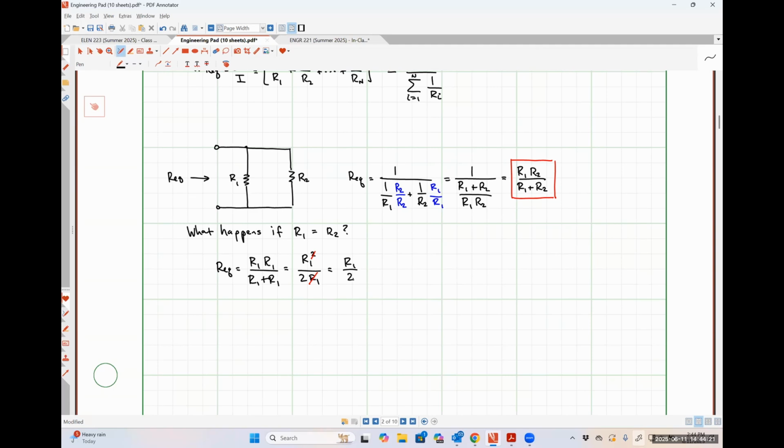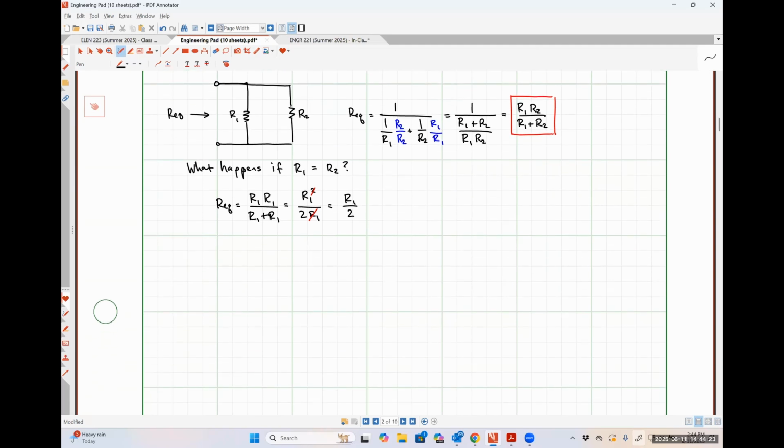Another special case that we can look at is what happens if R2 is equal to 0. So essentially, what we're looking at is what happens when we have some resistance in parallel with a short circuit.